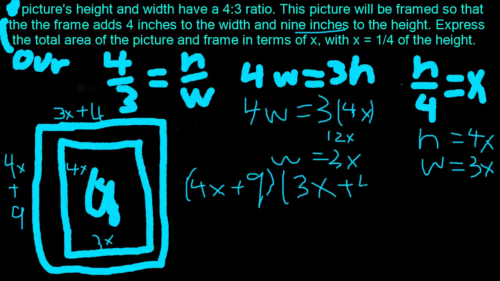You should be able to recognize that that is the form, because ax would be the first 4x, and we have a plus 9. Plus 9 is the b. The 3x is the cx, and d is 4.